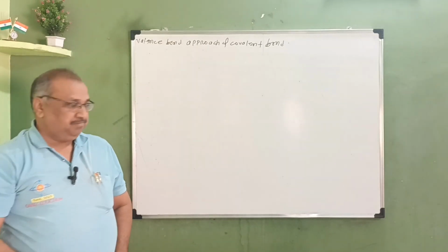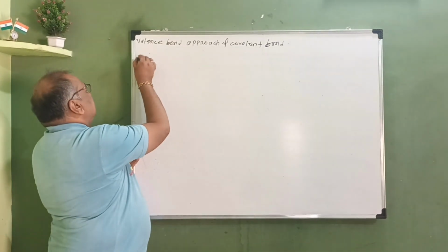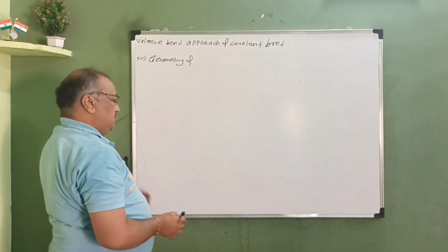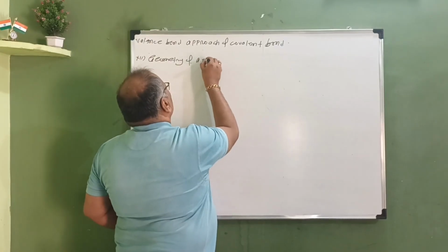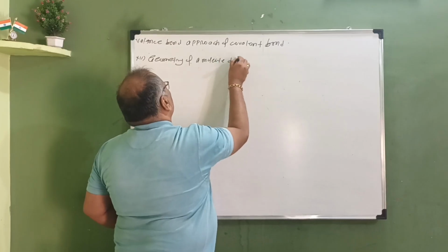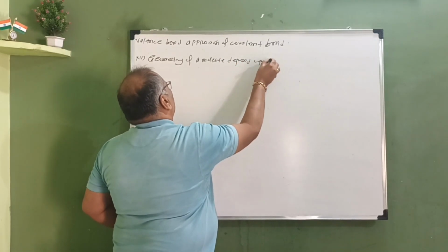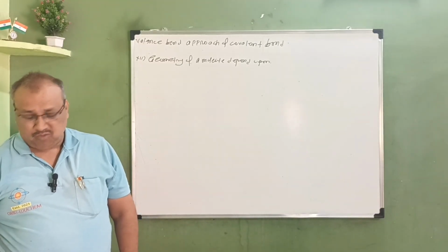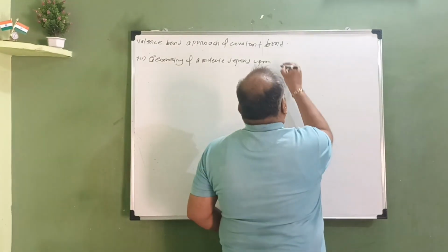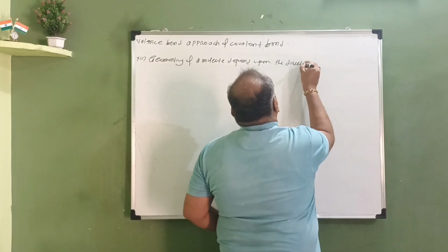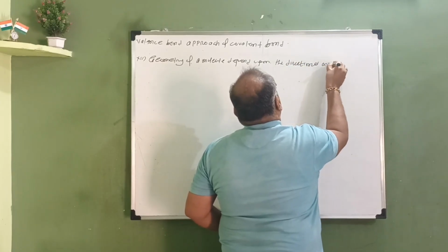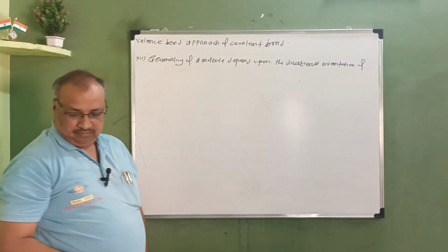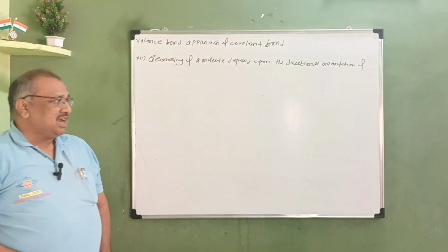Now then, next, the geometry of a molecule depends upon the directional overlap orientation of valence atomic orbitals.